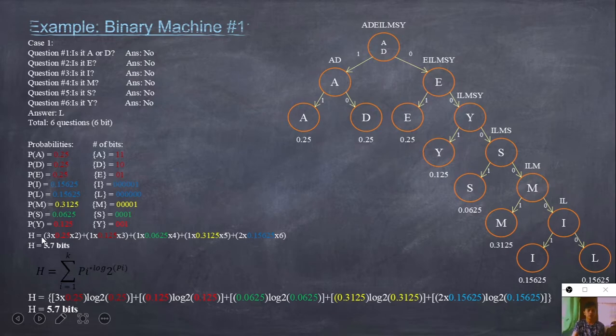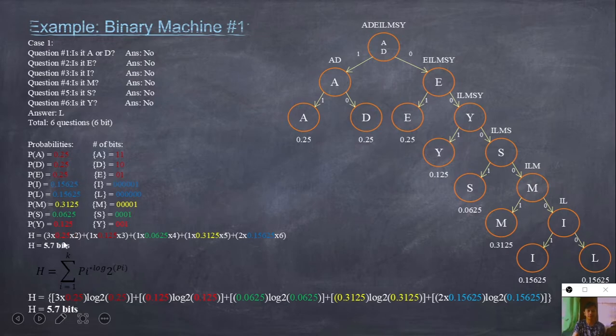We'll use this calculation, which represents H as the Hartley equation. H is equal to 3 times 0.25 times 2, because there are three 0.25 in this binary machine. The 2 represents the number of bits, and 0.25 is the probability for every level.